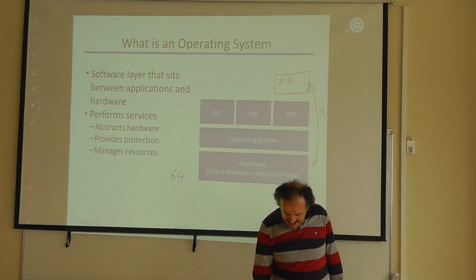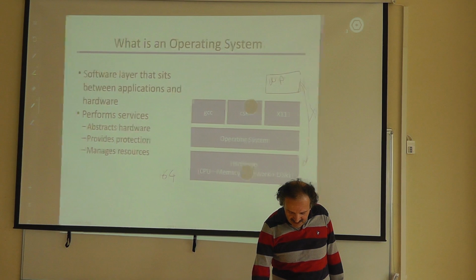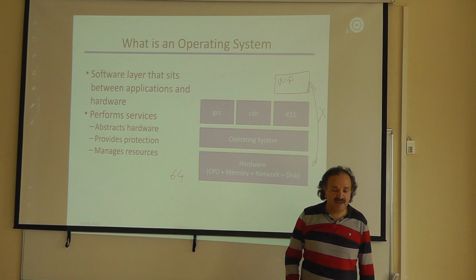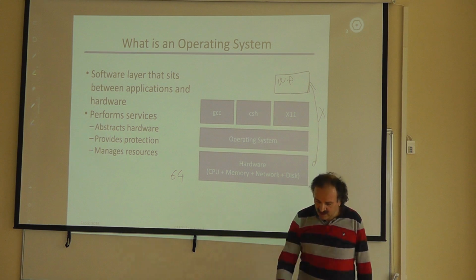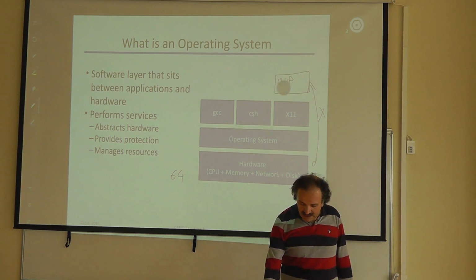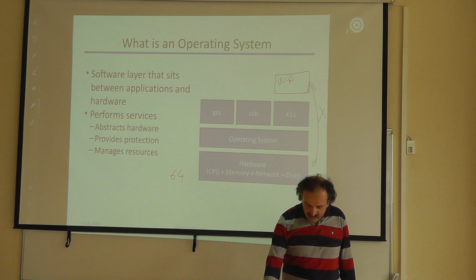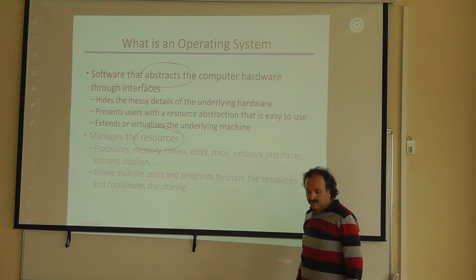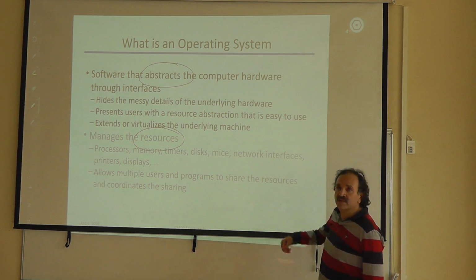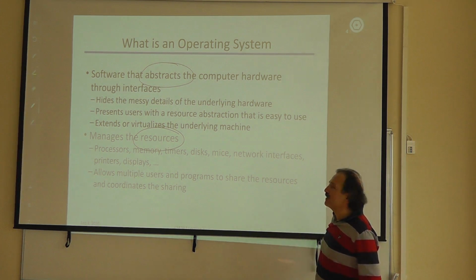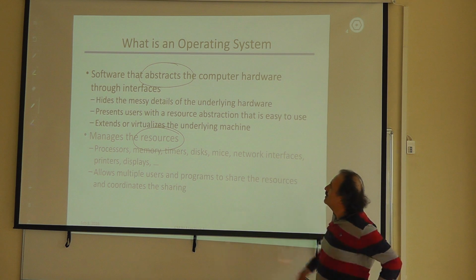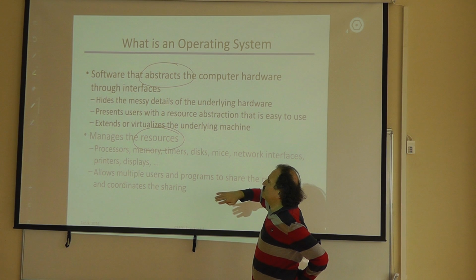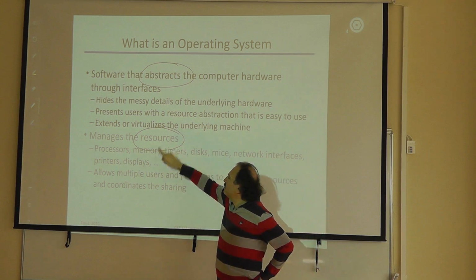By providing a layer of code between the hardware and the applications, I provide my abstraction. Anybody writing code like that doesn't have to know anything about the hardware. All he knows is the operating system API.